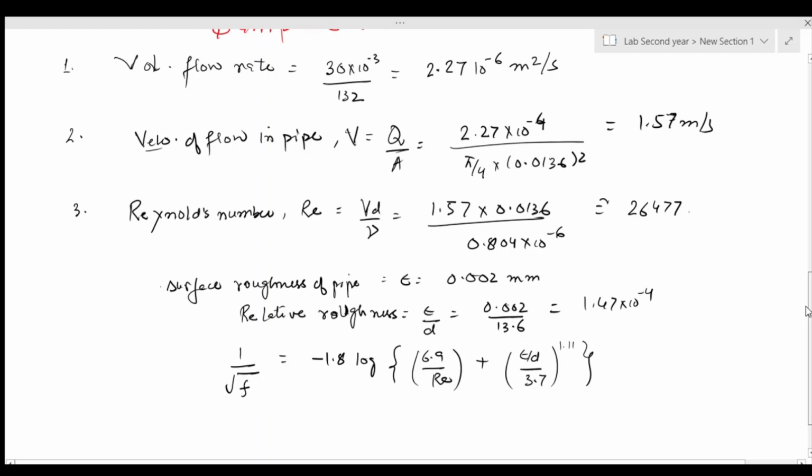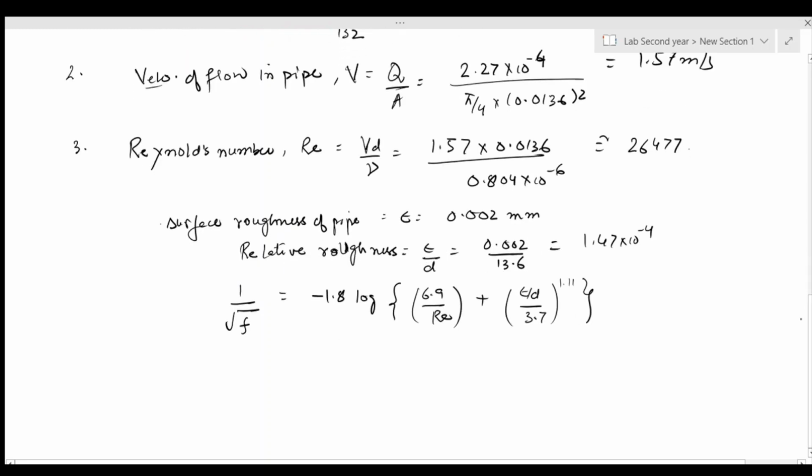If I put these values in there, and again these values would be different for different readings, then I would get my small f to be 2.43 into 10 raised to the power minus 2. Okay.